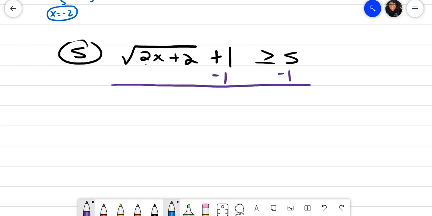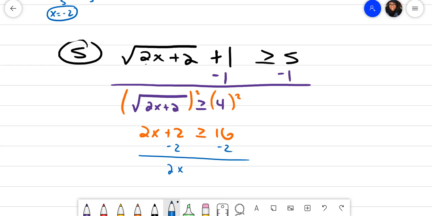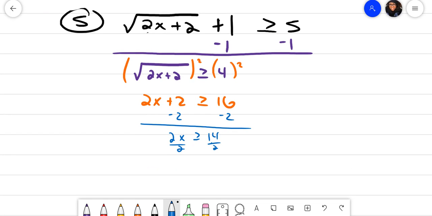We end up with the square root of 2x plus 2 is greater than or equal to 4. We square both sides. We end up with 2x plus 2 is greater than or equal to 16. Radicals are cleared, so now we just go ahead and solve it. Subtract 2. 2x is greater than or equal to 14. Divide. We get x is greater than or equal to 7.